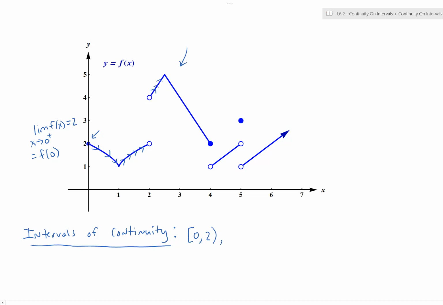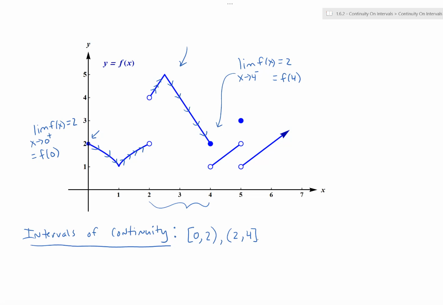But as we move along our graph all the way to x is 4, we have that, right there, the limit as x goes to 4 from the left of the function f of x is equal to 2, and of course that is the value of the function at 4. And so we do have continuity from the left at 4, and so the next interval from 2 to 4 would be open at 2, and then all the way to 4, and closed at 4, indicating continuity from the left at 4.